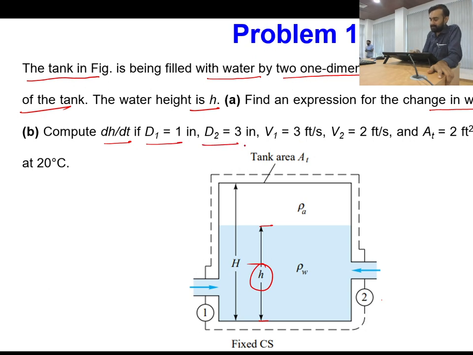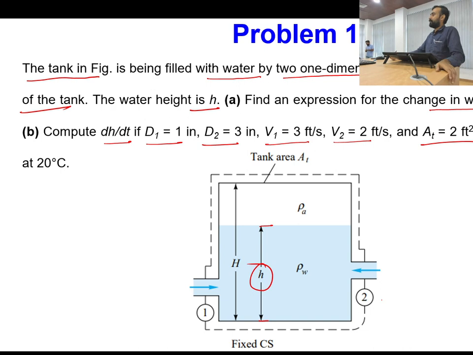These two are in inches, and velocity through inlet 1 is 3 feet per second, velocity through inlet 2 is 2 feet per second, and the area of the tank is 2 feet square.